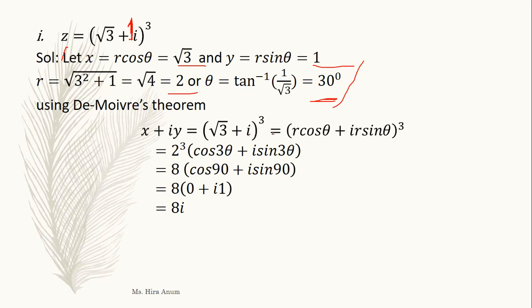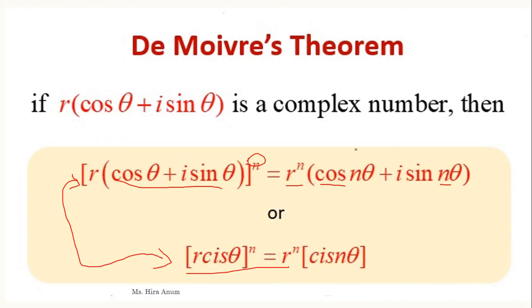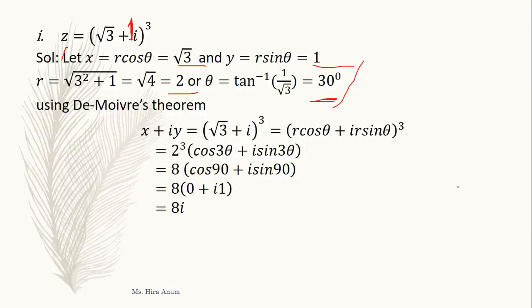Using this theorem, x plus iota y equals radical 3 plus iota cube. Take r common and multiply n with theta. The value becomes r to the n, cos n theta plus iota sin n theta. n is multiplied with the argument theta, which is 30.